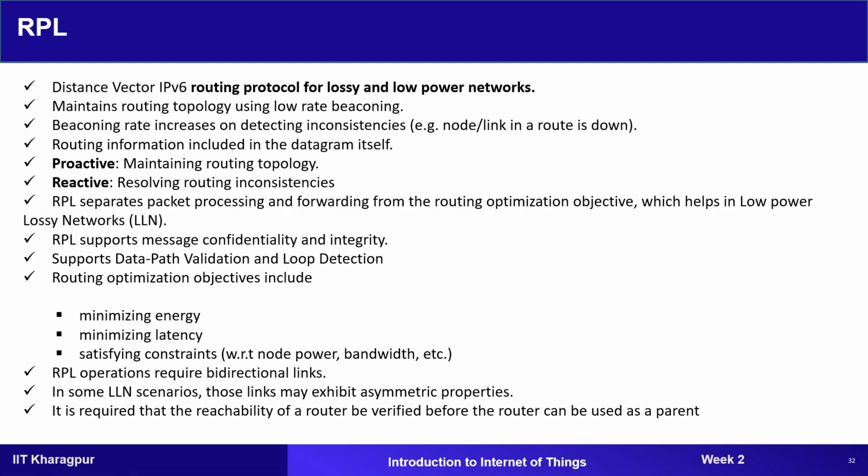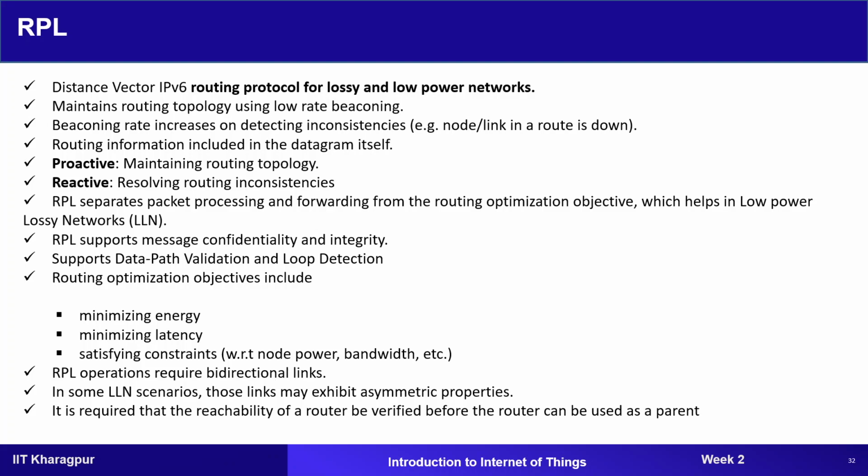Now the second type of protocol which is used is the RPL protocol. RPL stands for routing protocol for lossy and low power networks. It is similar to the distance vector protocol, which is there in computer networks.